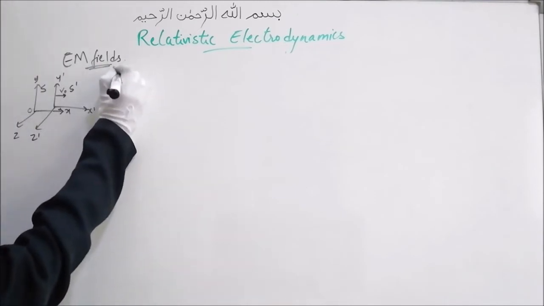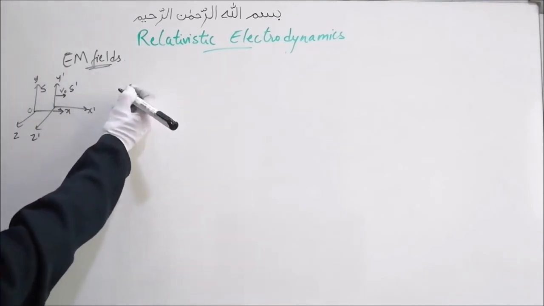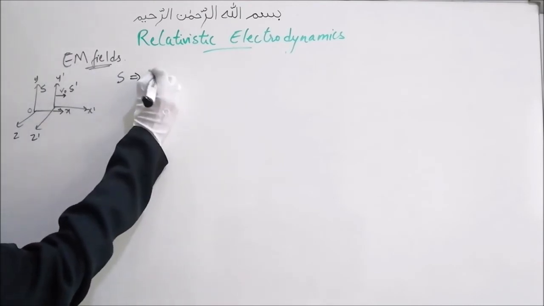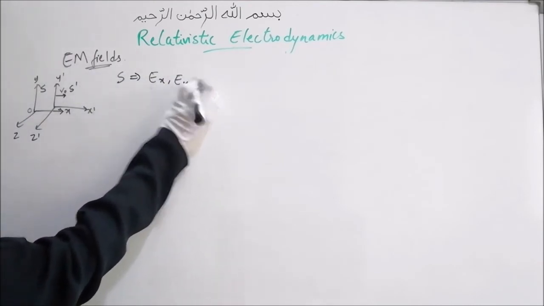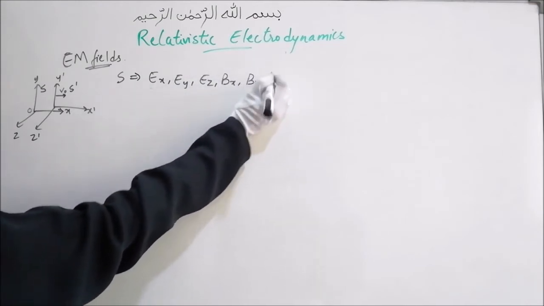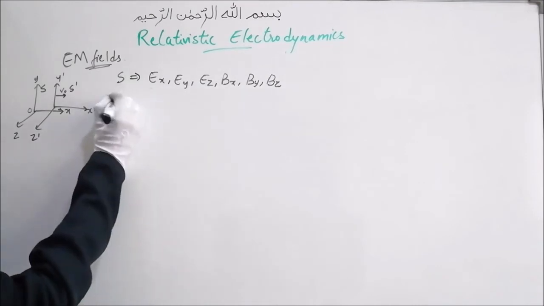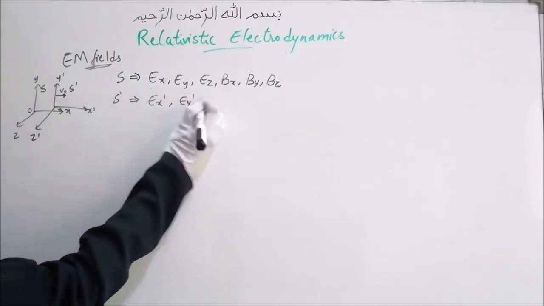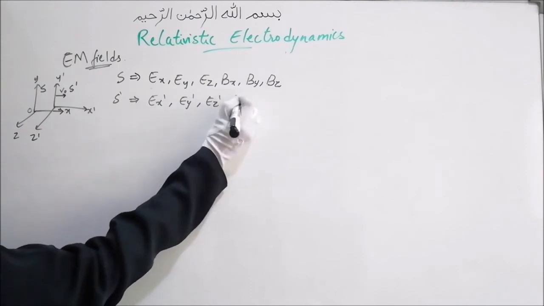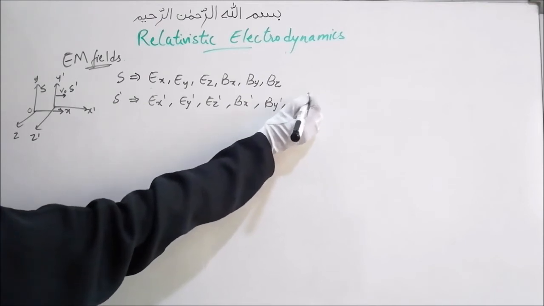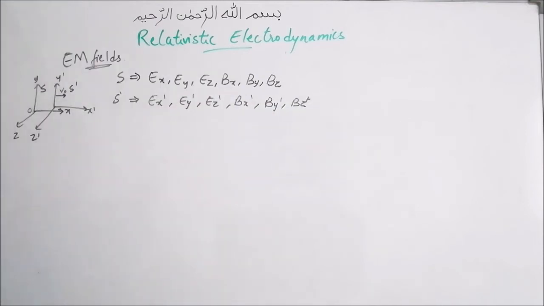Let the components of electric field and magnetic field in the S frame be Ex, Ey, Ez, Bx, By, Bz, and in the S dash frame, let them be Ex dash, Ey dash, Ez dash, Bx dash, By dash and Bz dash.